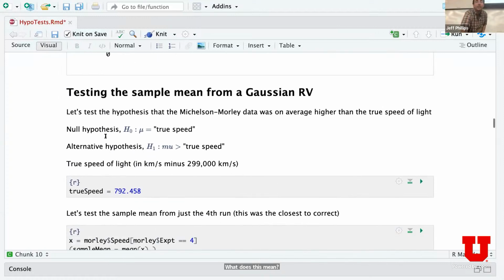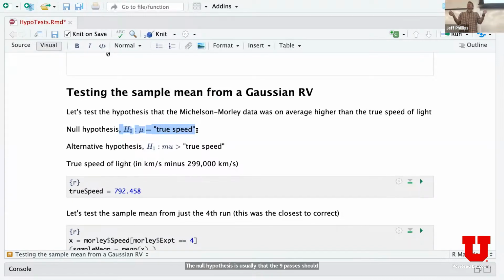The null hypothesis should give a specific distribution. It should say, let's assume that they are observing data that is representative of the true speed of light, from something that looks like a normal distribution.